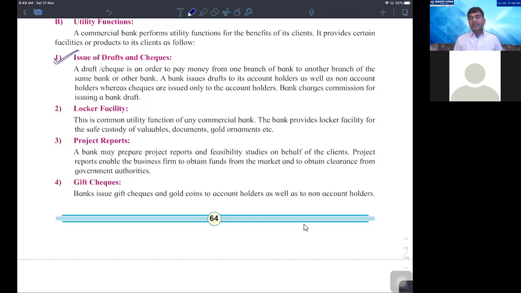आपकी जानकारी के लिए बता दूं, there are certain organizations which are surviving only on this locker facility.